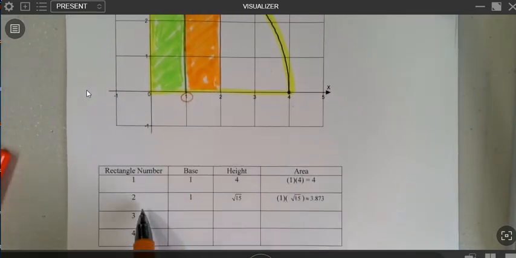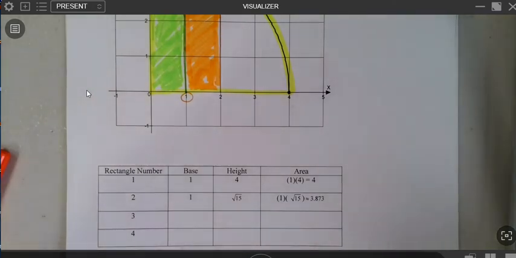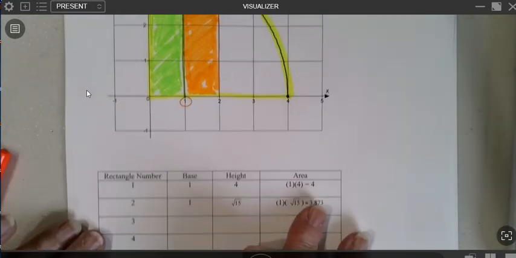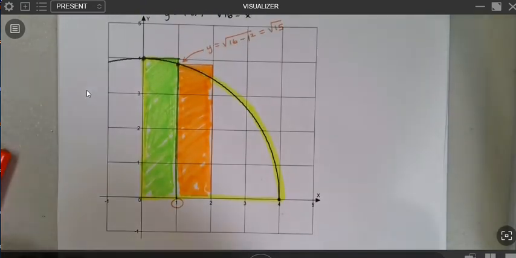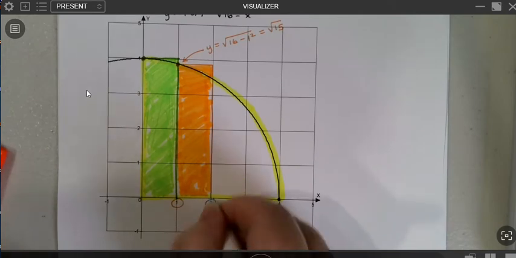So down here in rectangle number 2, again the base was 1. We now saw y, the height, was the square root of 15. So area is length times width, and I approximated that to 3 decimal places, 3.873. All right, we're going to do 2 more. I'm over here to x equal 2 now.